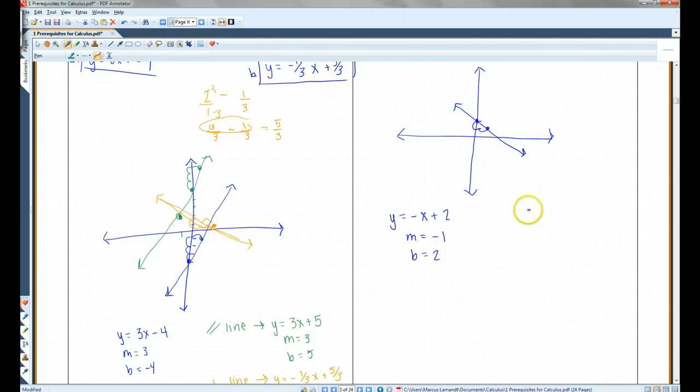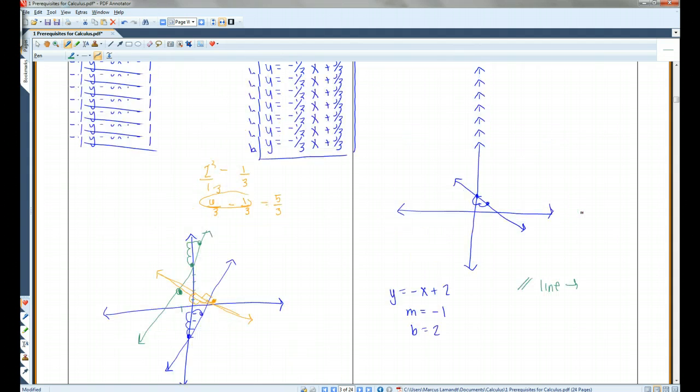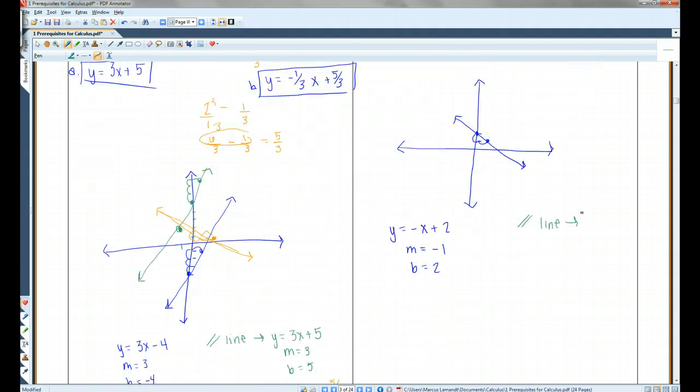Alright. The parallel line, y equals negative x. And remember, this needs to go through the point 0, 0. So in this case, my m is negative 1, my b is 0. So start at 0, go down 1 over 1.